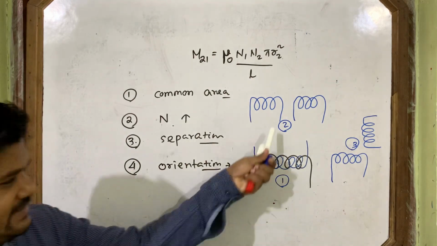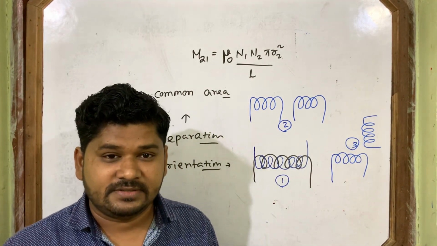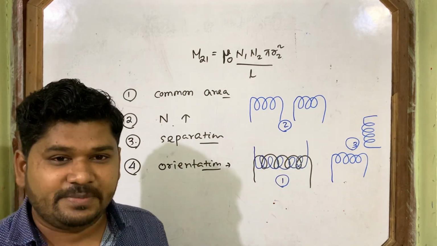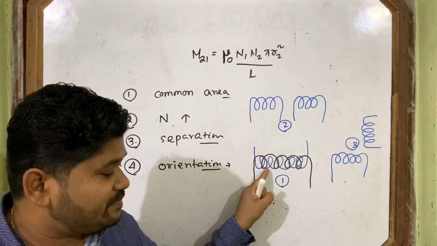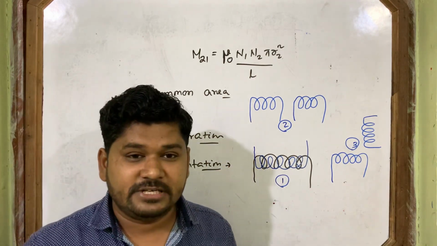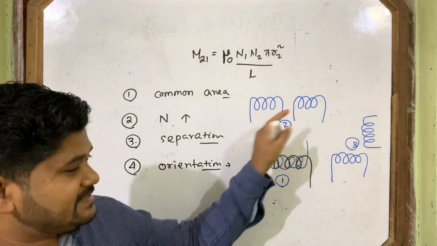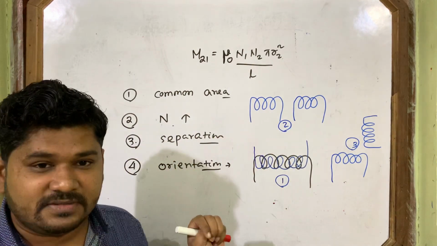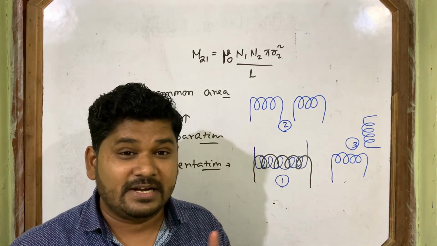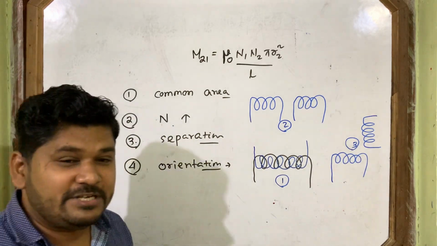In which case will mutual inductance be large? If we compare, in this case mutual inductance will be large, because the flux linked with the first coil will be almost equal to the flux linked with the second coil. In this case a little less, and in this case no mutual inductance, no EMF is induced. Why is no EMF induced?